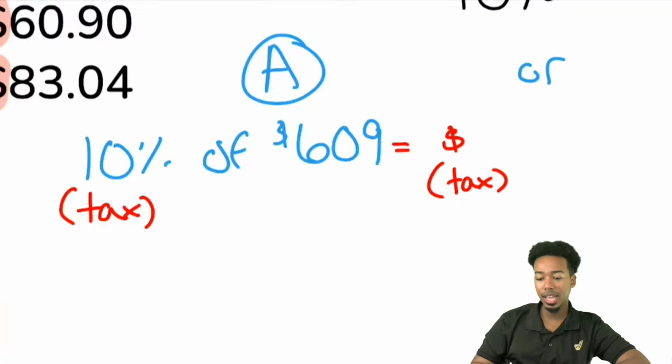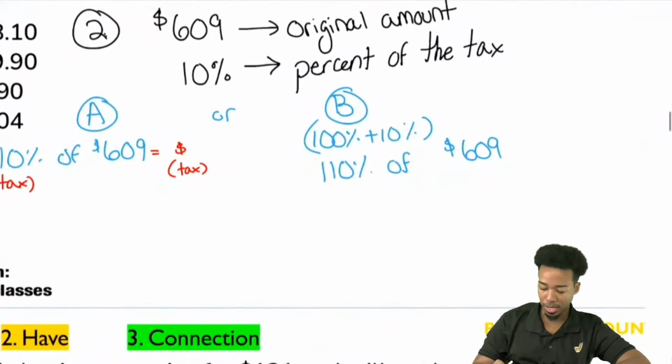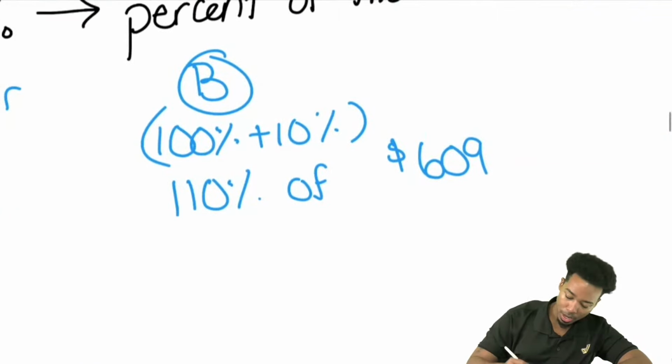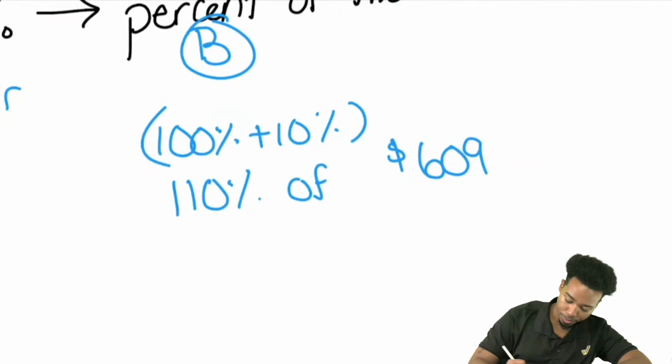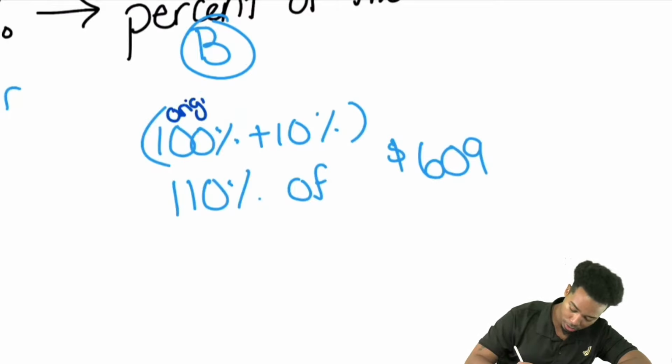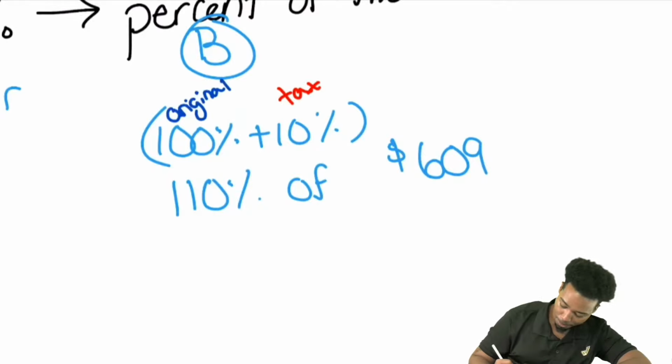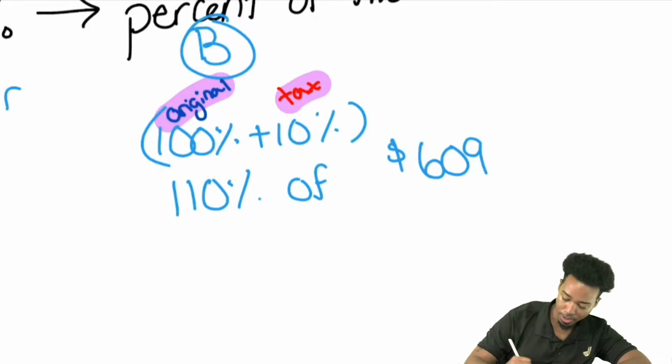If we slide over here and go to B, well, guess what? What we are looking at here is this. We have the original plus the tax, and both of these together will give you the final amount, right?